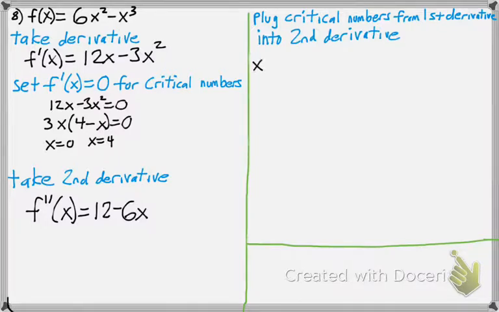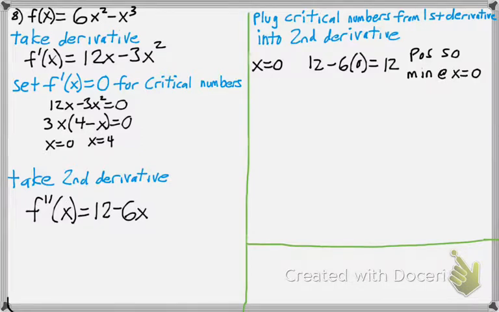So x is equal to 0, if you plug that in, 12 minus 6 times 0, we get 12. Now this is positive. So what that means is that there is a minimum at x is equal to 0.